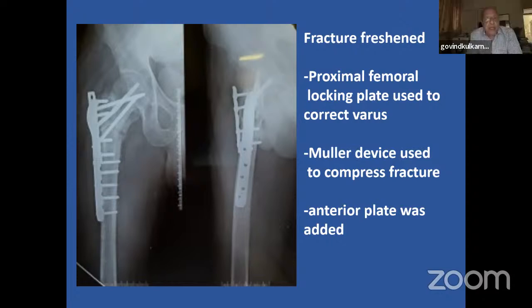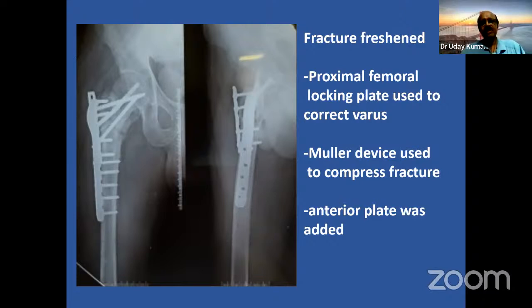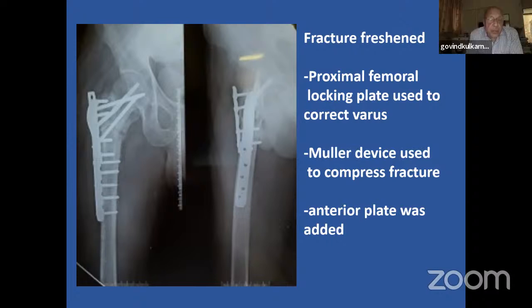But as you have done dual plating, bone grafting, shingling, freshening of the fracture, it has a chance of union. But as I have told you, this is a too stiff implant because you have used 4 to 7 screws distally, and it may fail. Maybe.